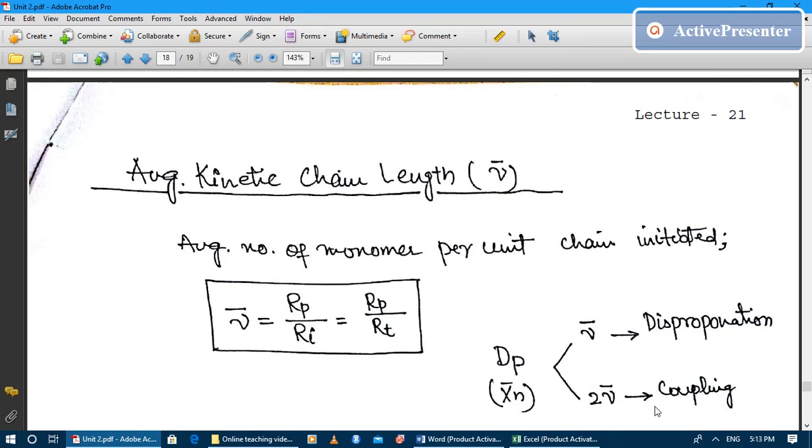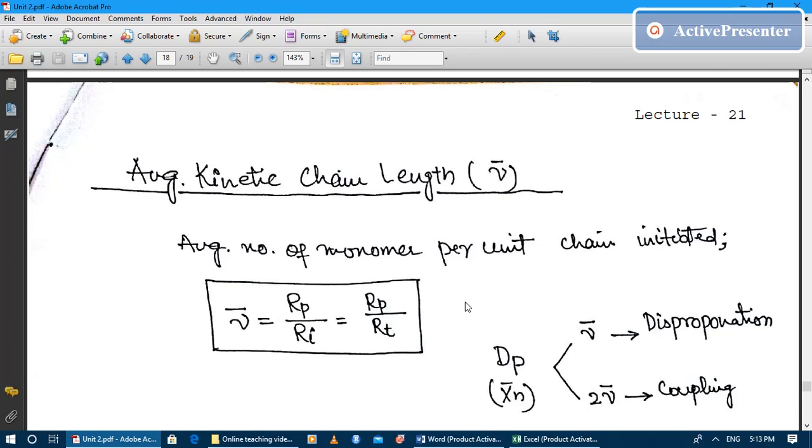Rather, it is a combination of these two methods. So it is very difficult to tell how many chains will terminate by disproportionation and how many by coupling. In a nutshell, the number of chains initiated may be different from the number of chains finally present in the polymer.